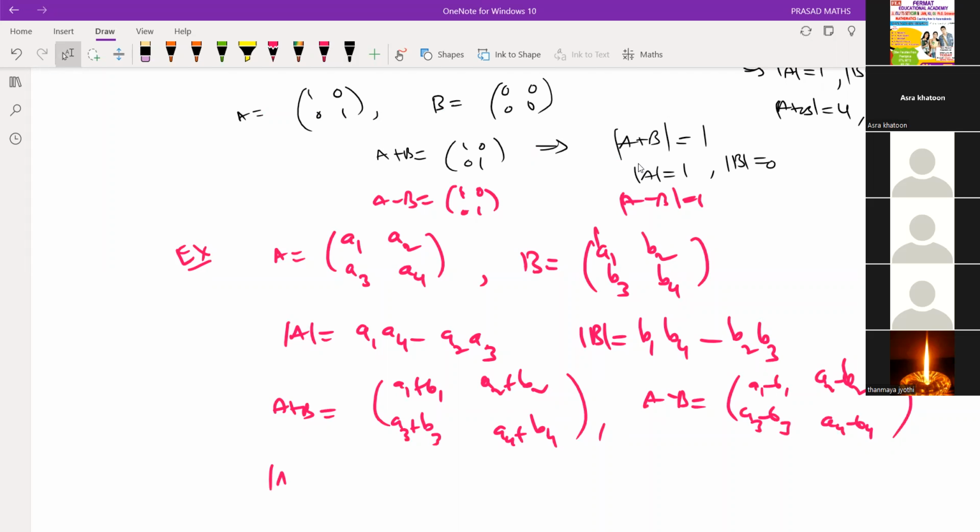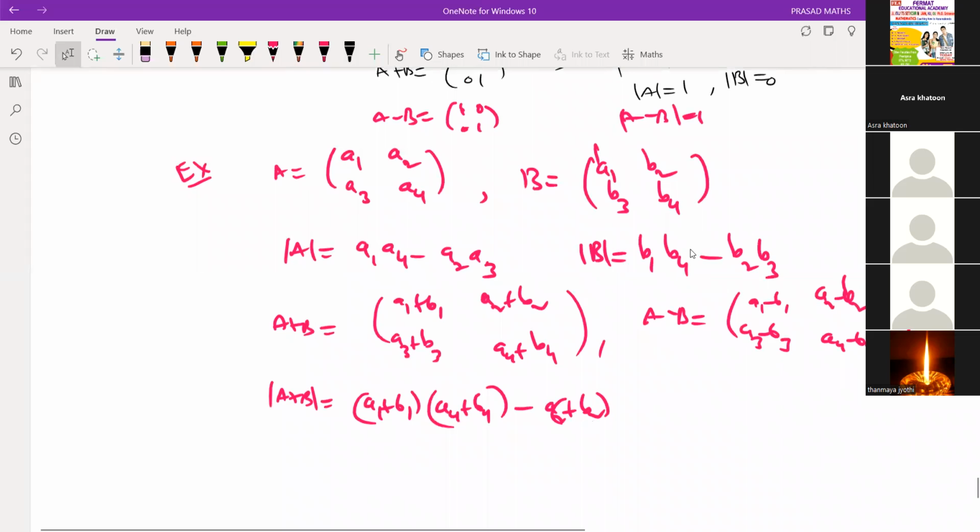So what is my det of A plus B? It is (A1 plus B1)(A4 plus B4) minus (A2 plus B2)(A3 plus B3). Next, what is det of A minus B?